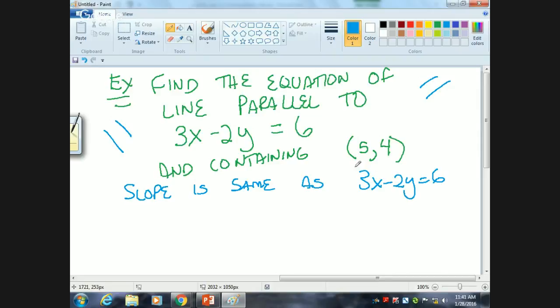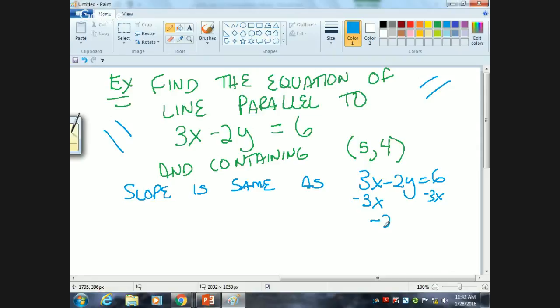Some people want to say, oh, 3's in front of the x, therefore my slope is 3. But that only works if you're in slope-intercept form. So we have to go there. We have to get y all by itself. So the first piece of clutter we can get rid of is the 3x.